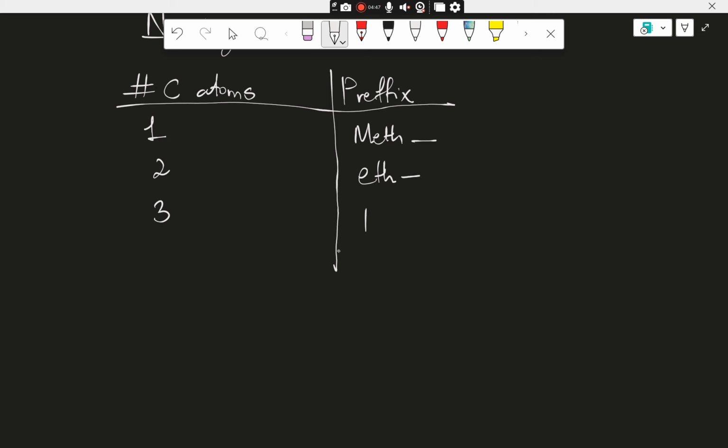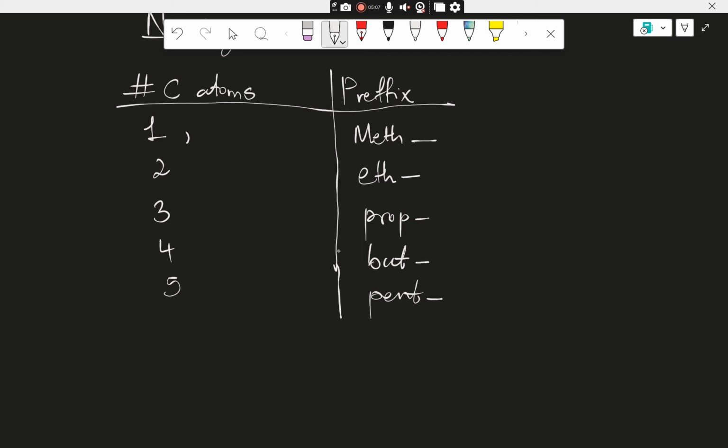Three will be prop and something else. Four will be but and something else. So butane is single bonded. If you have five, that will be pent, because pent means five.